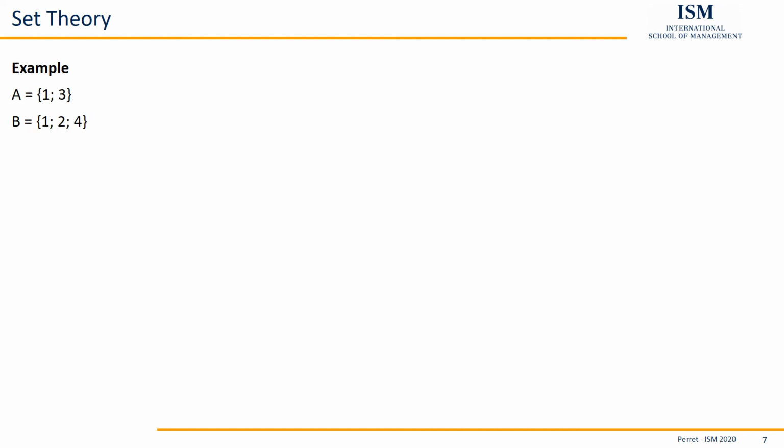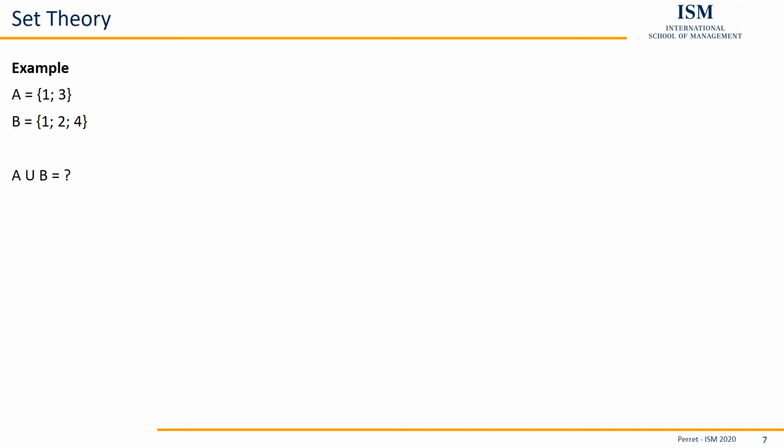Okay, let's have a short example for this. Here we have again the two sets we had before. A with the elements 1 and 3, B with the elements 1, 2, and 4. And if we consider the union, we first start with the 1. Here we have two 1s, so we count this only once. So 1 is part of the union.